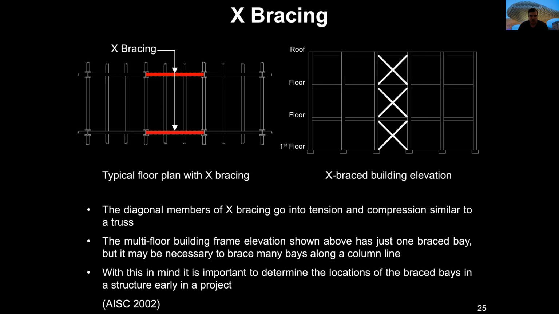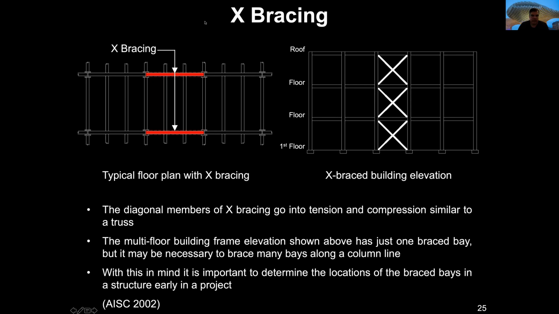work like a truss. In multiple floor buildings, for example, we can have one of the bays that is braced, but probably we don't need to brace all of them. In this particular case, the center is very important because the three bays in the center are supporting more weight than the ones at the extremes.